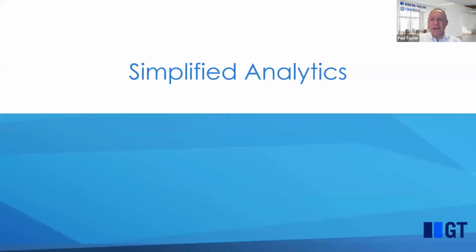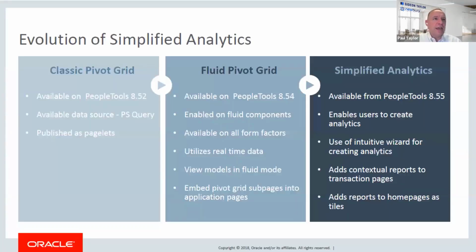Okay, so simplified analytics is another term that you'll see thrown around. And basically this is part of the evolution of pivot grid technology inside of PeopleSoft. So pivot grids first showed up in 8.5.2. They were the classic pivot grid solution.